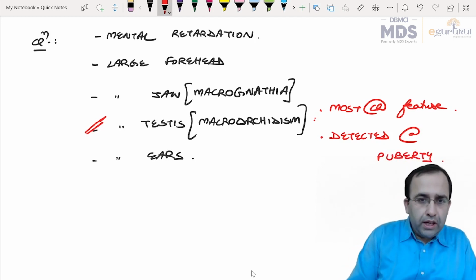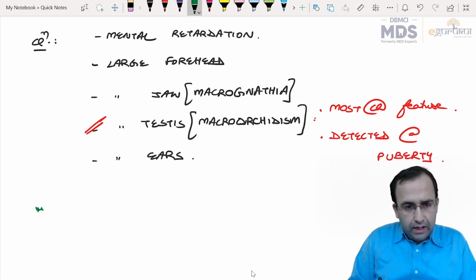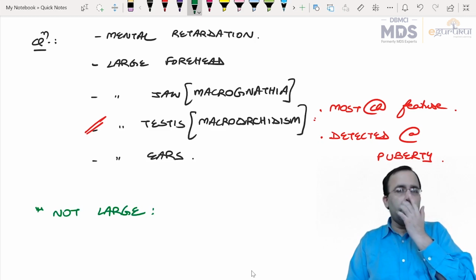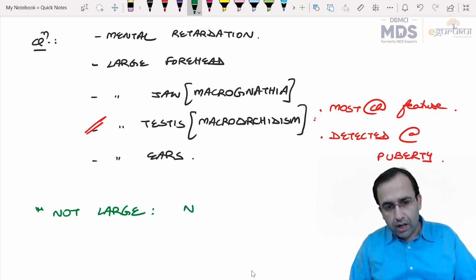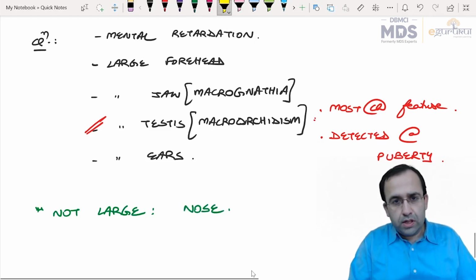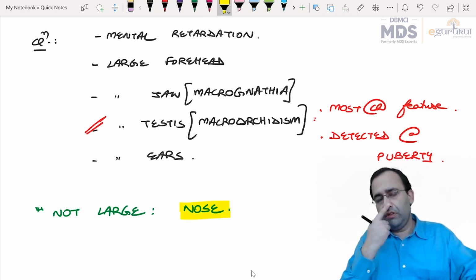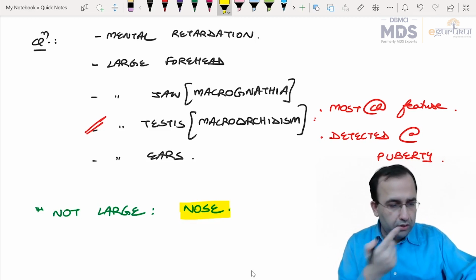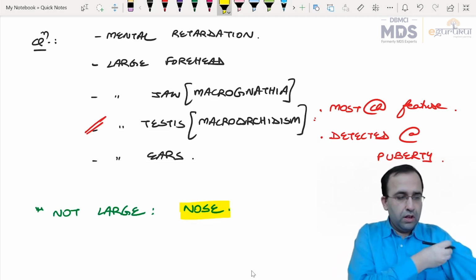Next point, again put a double star. Clinically, what is not large? Which part of the face is not large? Nose. Not large, nose. So just touch your nose once and you will forever know which part of the face is not large. That is the nose.